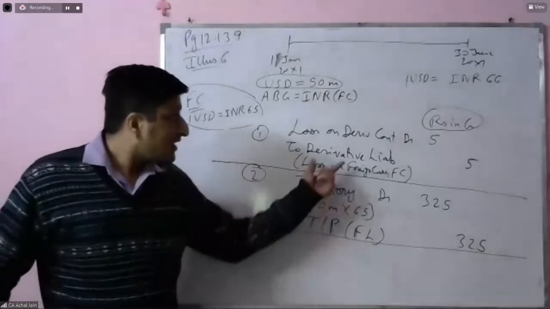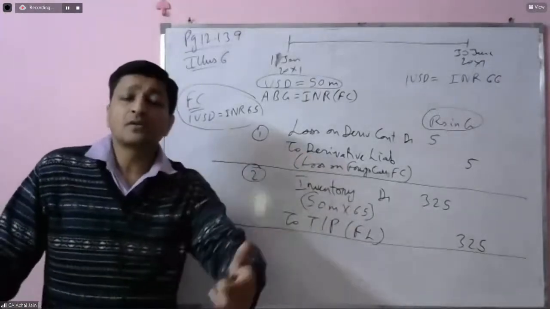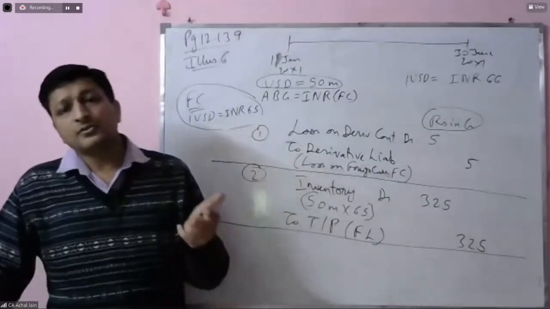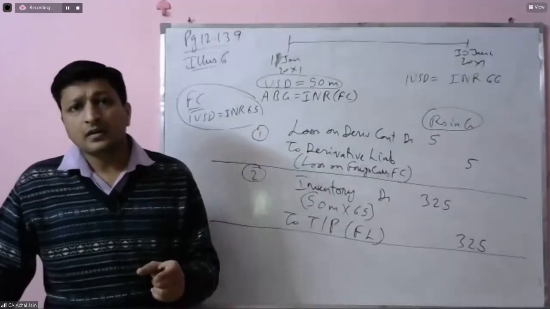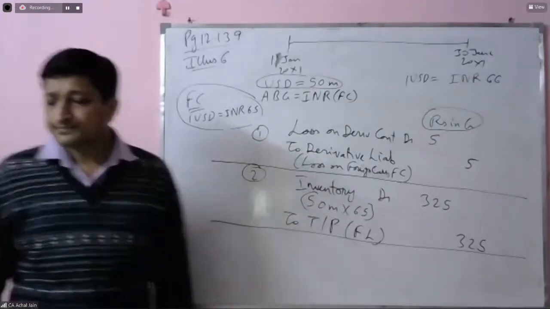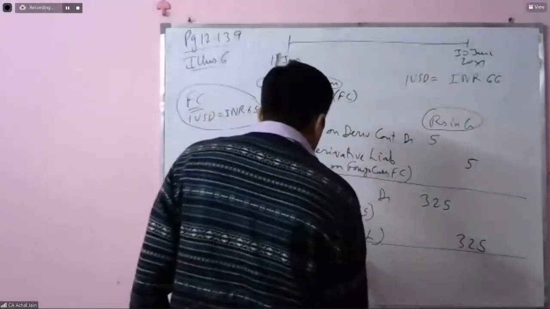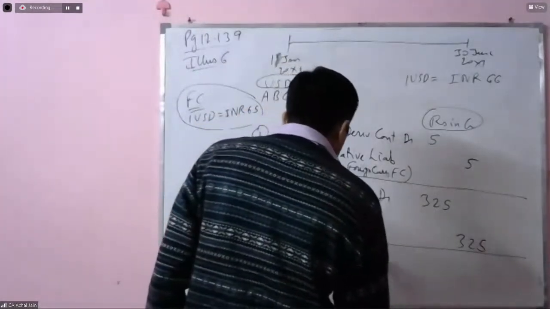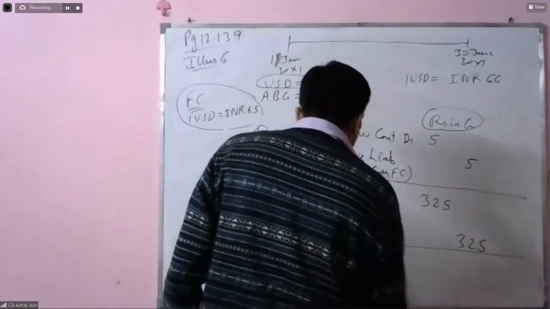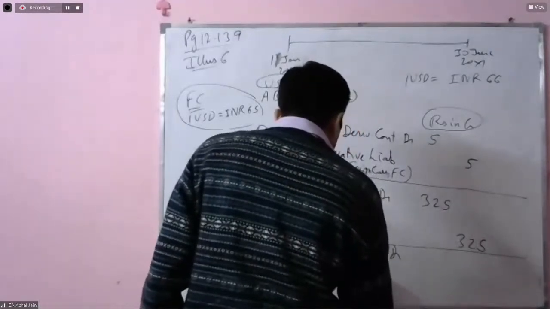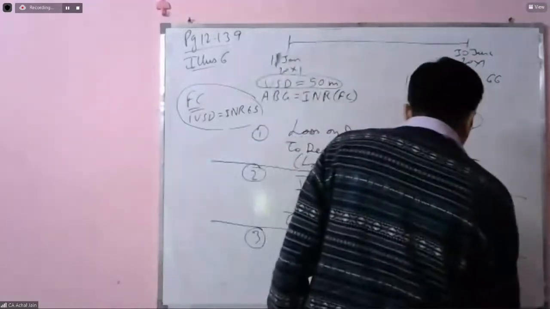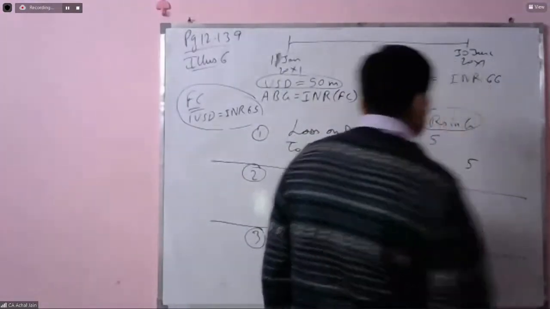But this liability which is appearing because of the loss will also get reclassified to the trade payable. So the third entry will be closing of this derivative liability to trade payable, 5 and 5.